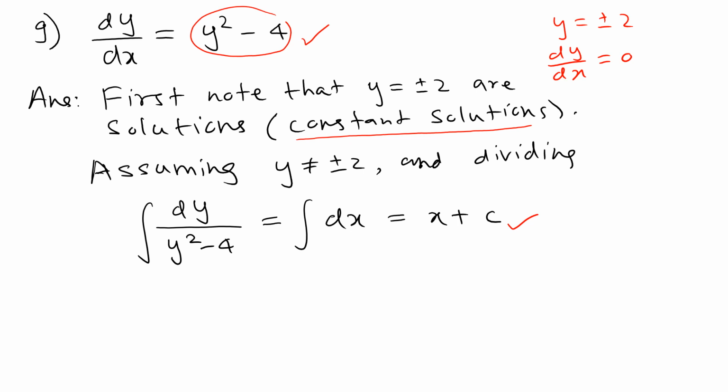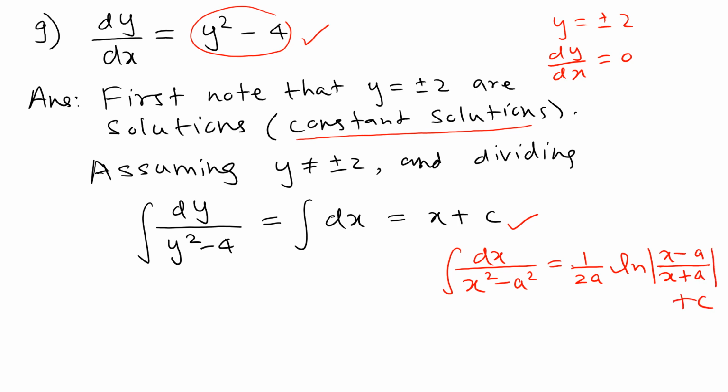If you integrate dx over x squared minus a squared, it gives you 1 over 2a times ln of the absolute value of (x minus a) over (x plus a). You can use this result in exams, especially in differential equations classes. I don't think you can do that in Calc 2, because there you would need to show the work. But in advanced classes, you can directly use this result.